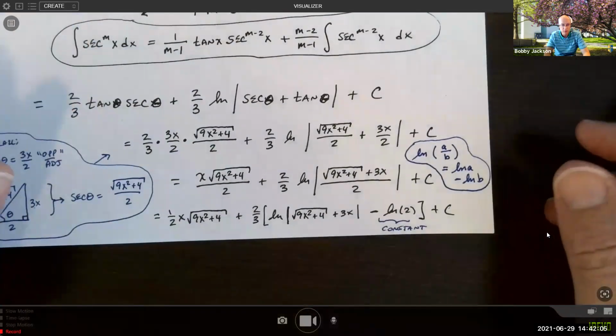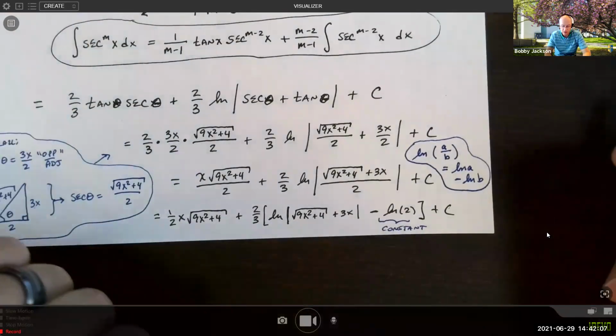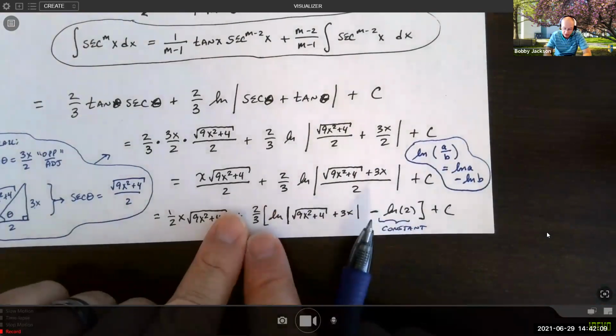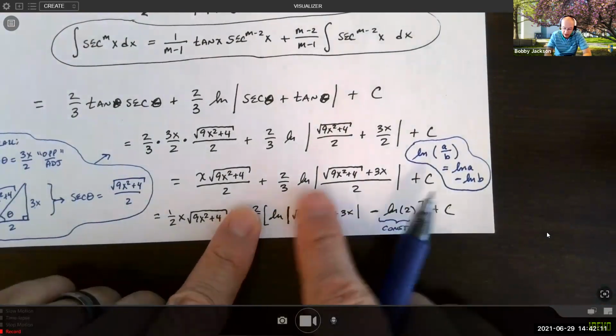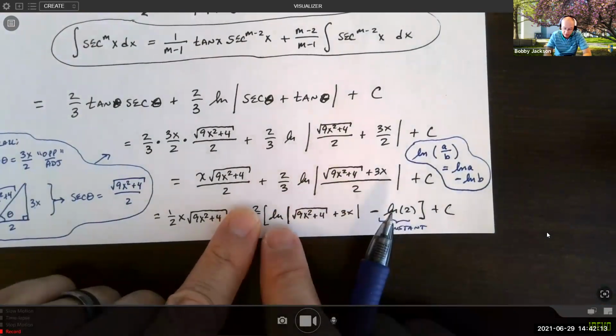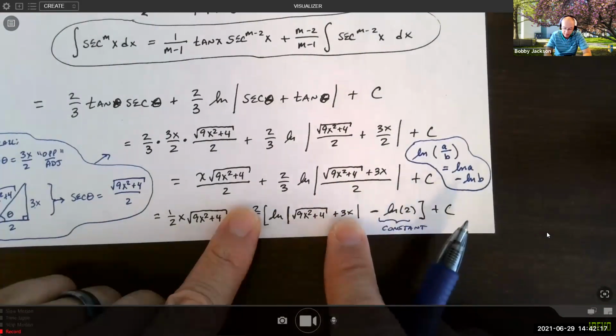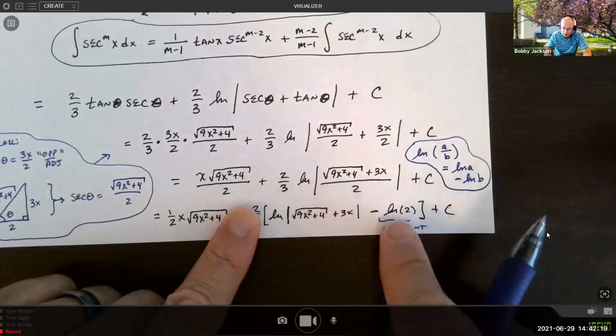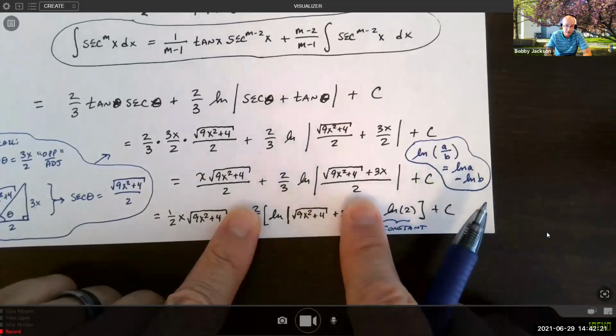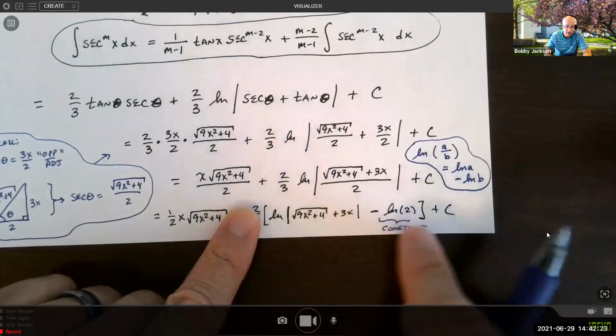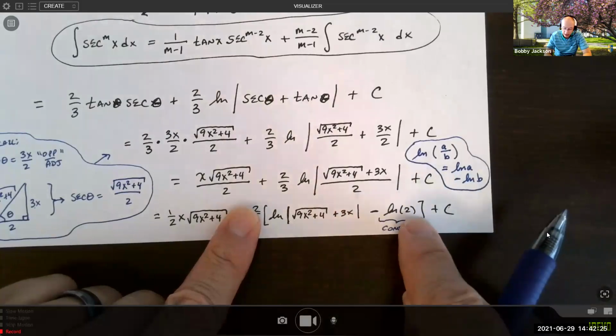We sometimes apply that to make the function simpler. So I'm factoring out the 2/3 for a moment. Natural log of a over b. So it's the natural log of the top, which is the absolute value of all that stuff, minus the natural log of the bottom, which is the absolute value of 2. Of course, the absolute value of 2 is just 2. Okay, and we get this.